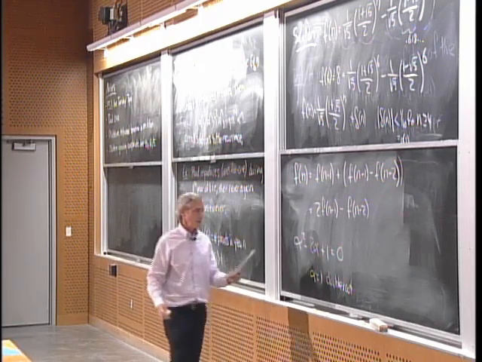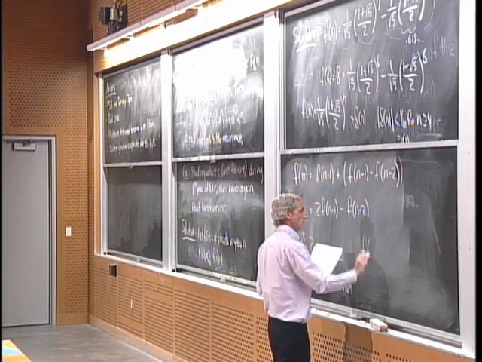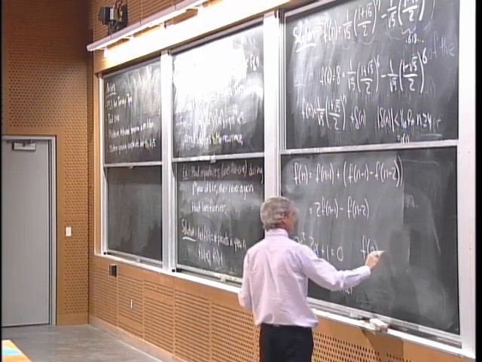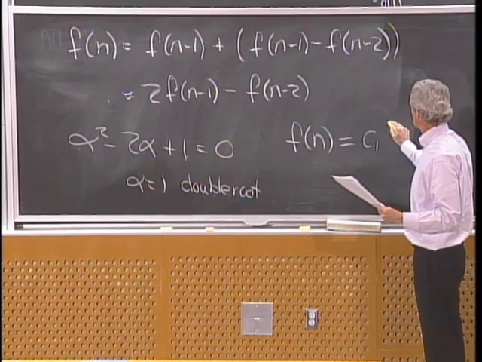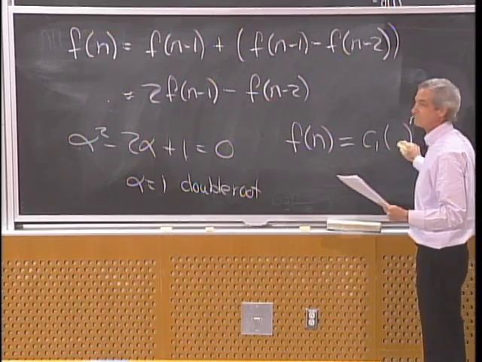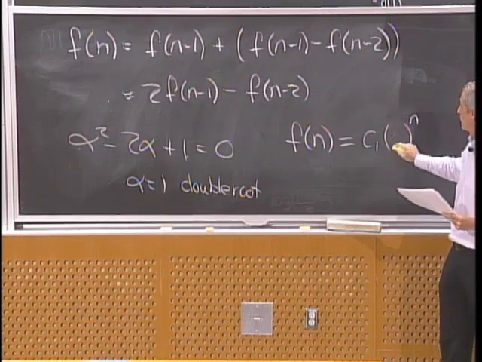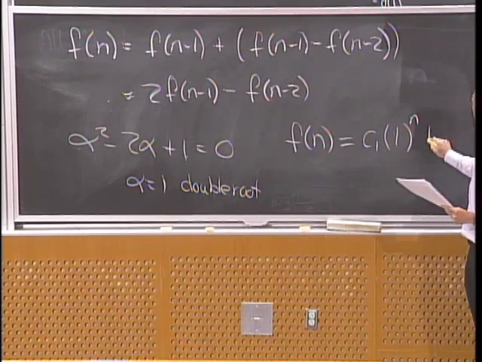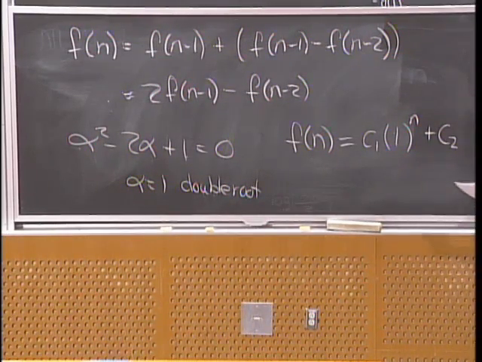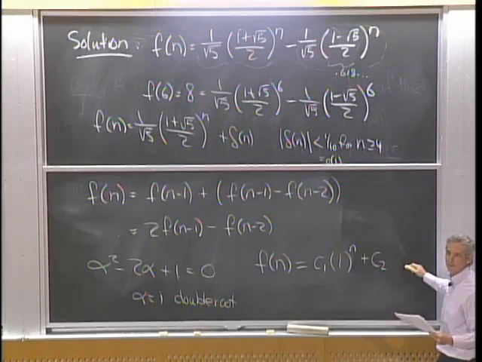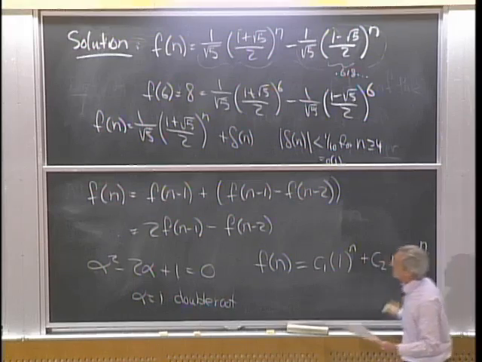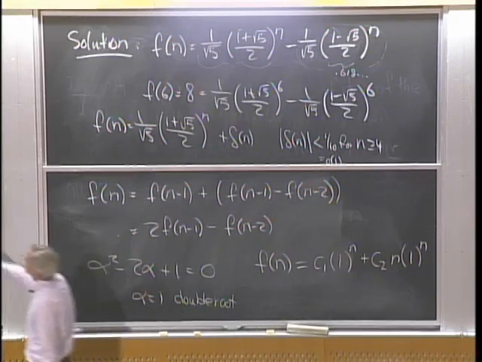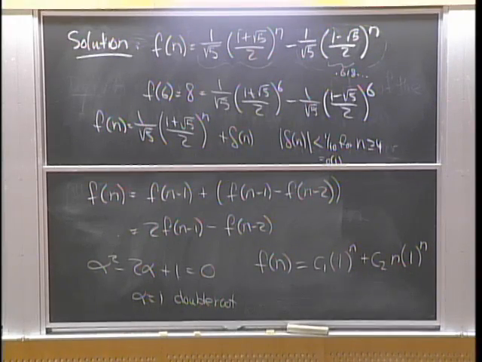What's f of n going to be now, before I put in the boundary conditions? Well, it's going to be c1 times what to the n? 1. That's the first root. What's the next thing I'm going to put here? n times 1 to the n, right? Because I've got a root that's repeated twice.